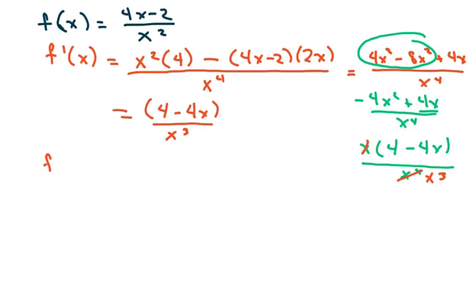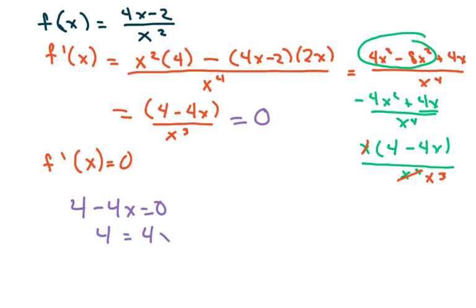Now we want to know our horizontal tangents, so we're going to set our equation to 0. That means you're setting your numerator basically to 0. So 4 minus 4x equals 0. 4 equals 4x, so x equals 1.